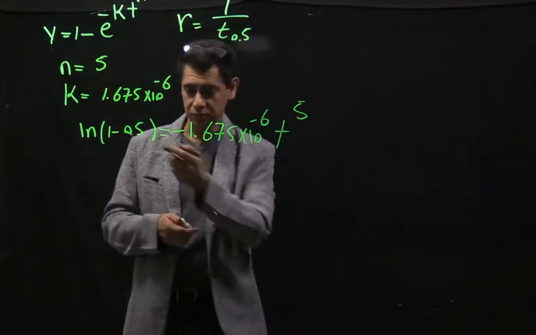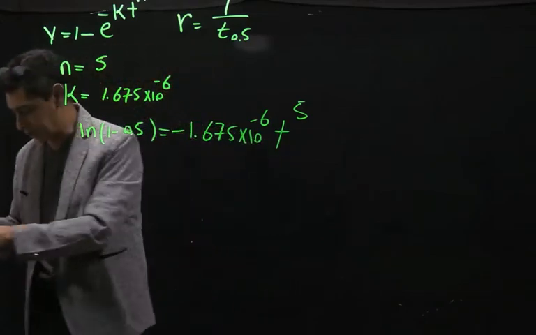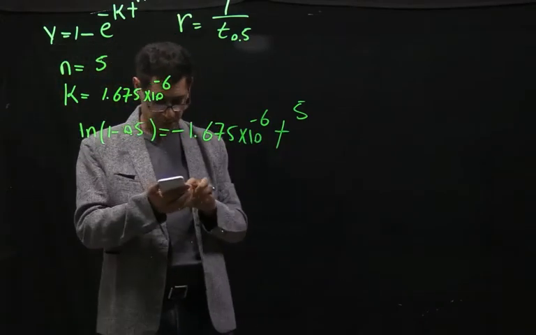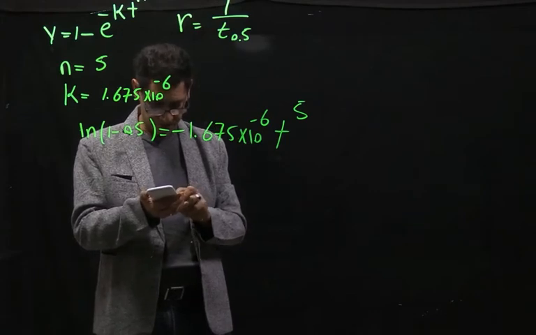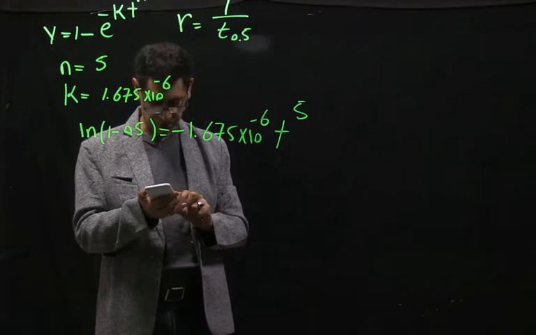Let's calculate how long it takes for 50% of this reaction to be completed. Same thing, ln 0.5 divided by minus 1.675 × 10 to the minus 6.